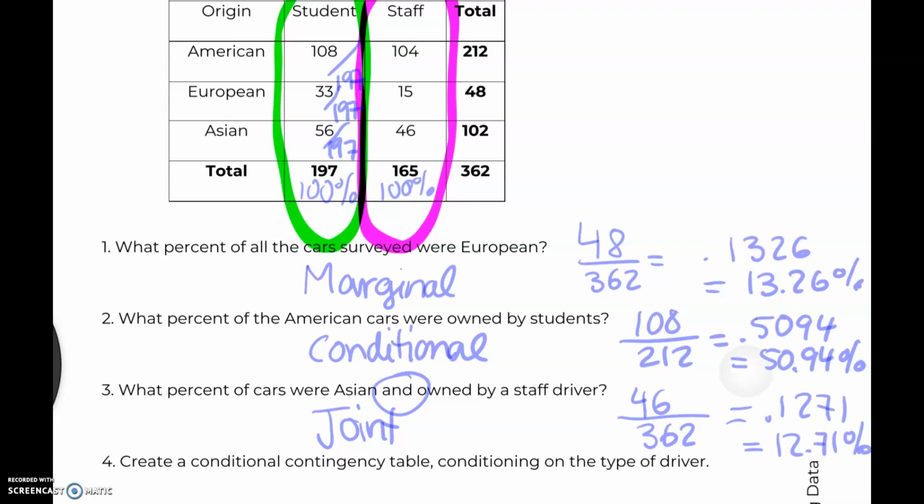Then we do the same thing with the staff. We take 104 divided by our total of 165 for the staff, 15 divided by 165, and then 46 divided by 165.